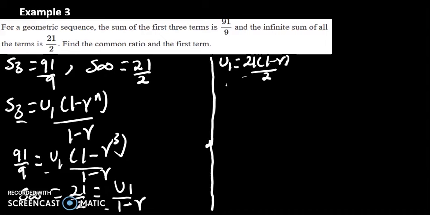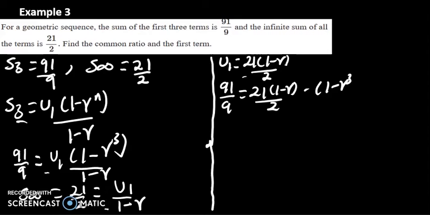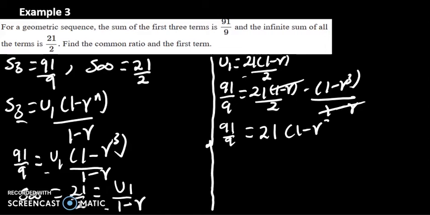That will be 91/9 equals 21 times 1 minus r over 2, times 1 minus r to the power 3, divided by 1 minus r. Let's simplify 1 minus r by 1 minus r. So that would be 91/9 equals 21 times 1 minus r to the power 3, divided by 2.